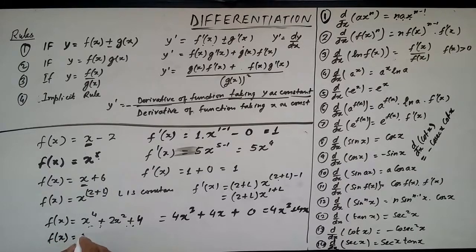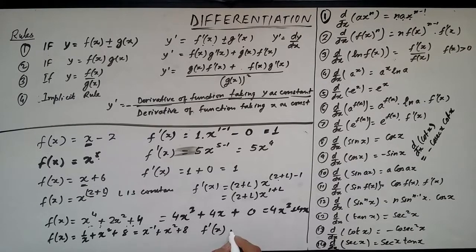Let's take another example. f(x) is equal to 1 upon x plus x squared plus 8. So 1 upon x is x to the power minus 1, so we can write it like this, plus x squared plus 8. Now, f'(x) is equal to what?